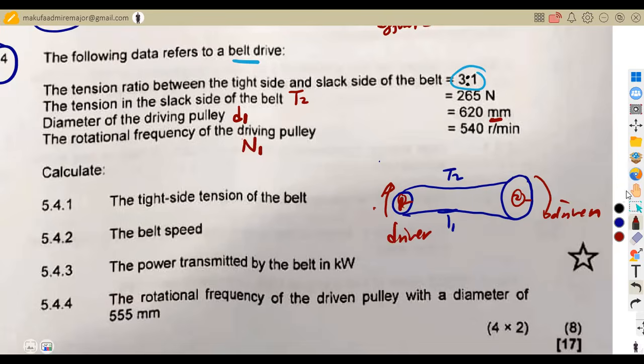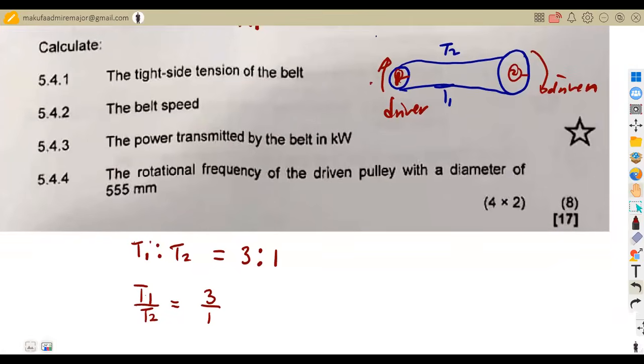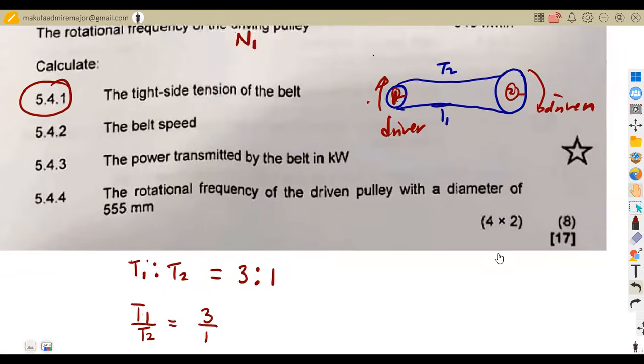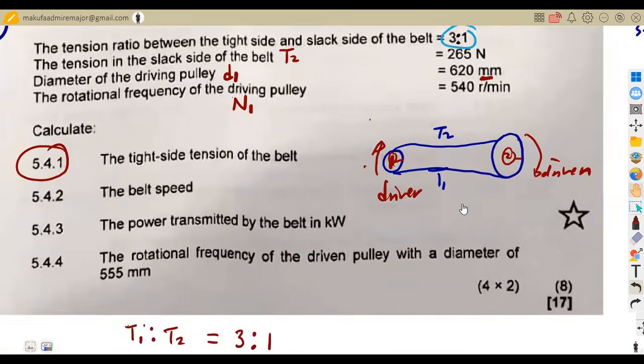From this information, the question was to calculate the tight side tension of the belt. Remember, we are given the tension of the slack side, which is 265, so we are given T2.